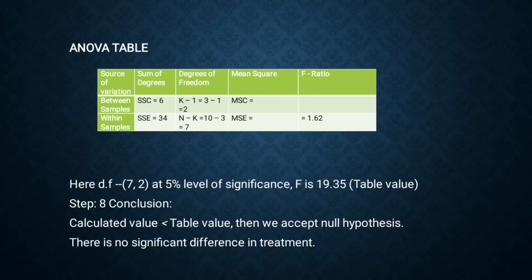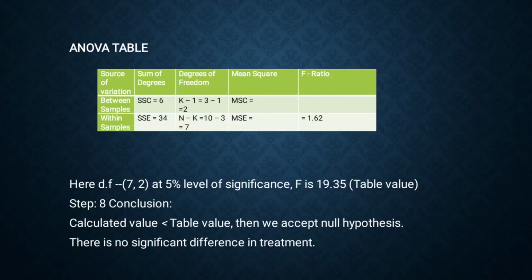Now we have calculated the mean square values, that is, MSC is 3 and MSE is 4.86. So here MSE, that is mean square corresponding to within samples, is the greater value. So the F calculated formula is MSE divided by MSC, and the answer is 1.62.